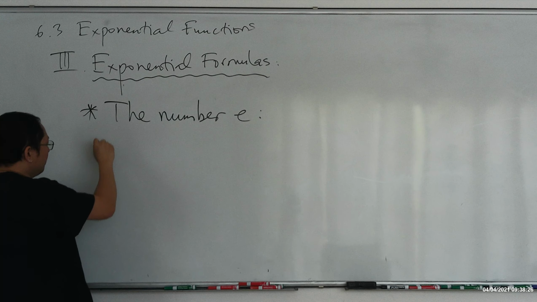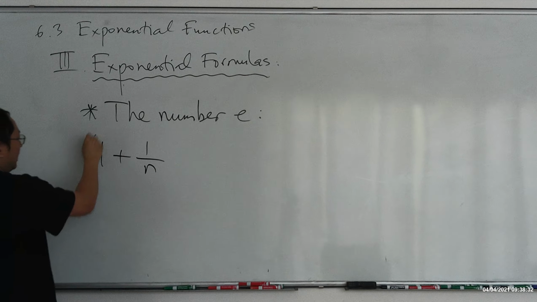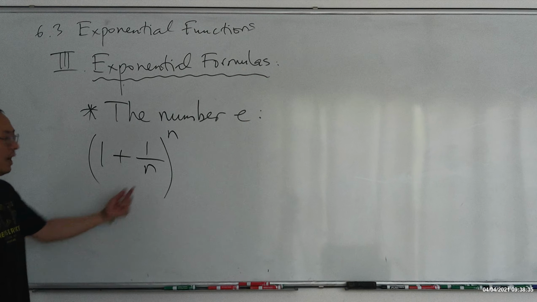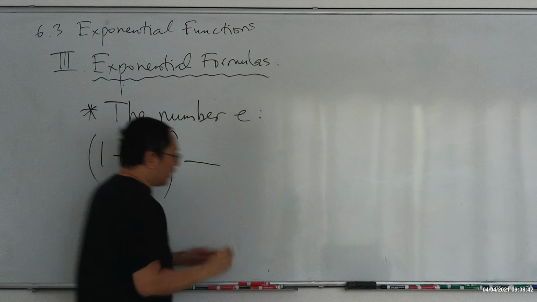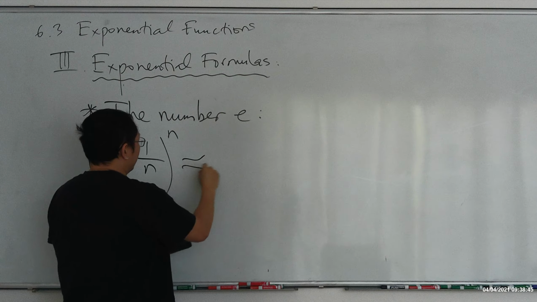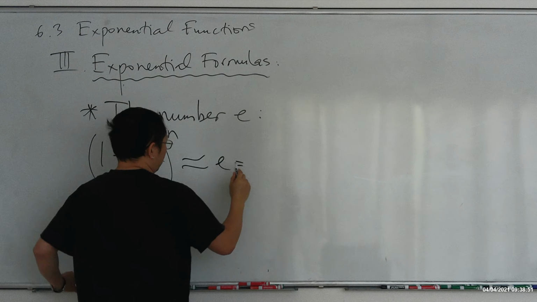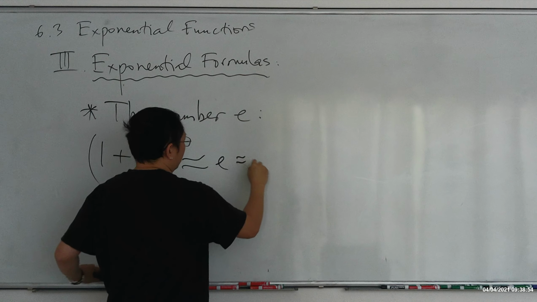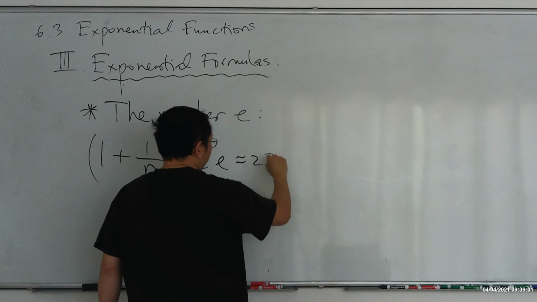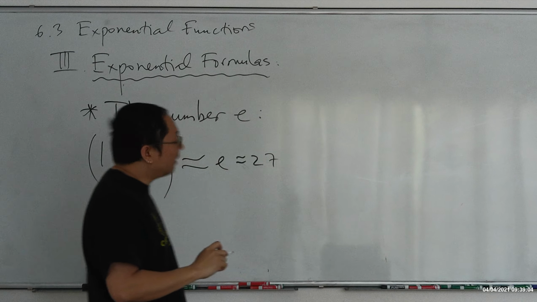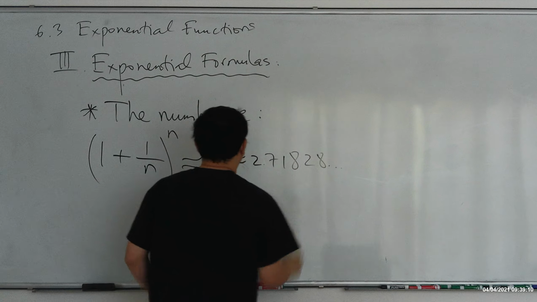First of all, we have an expression 1 plus 1 over n, and then we raise it to the n exponent, where n is just any number, and this gets closer and closer, approximately, not equal, approximately equal to E, which is 2.71828, and then 1828 again, 2.71828. This is the E number.